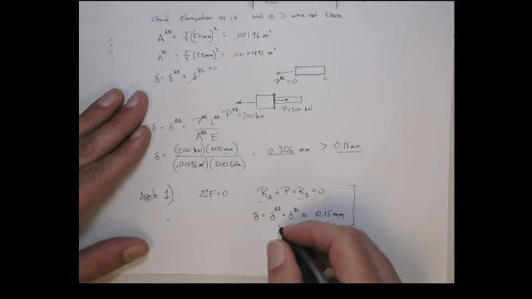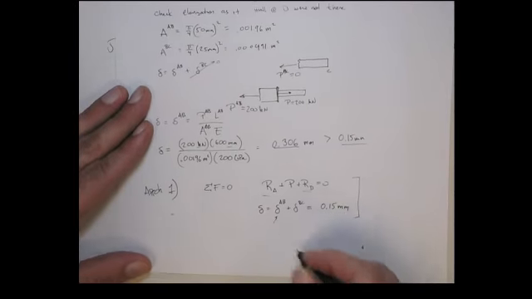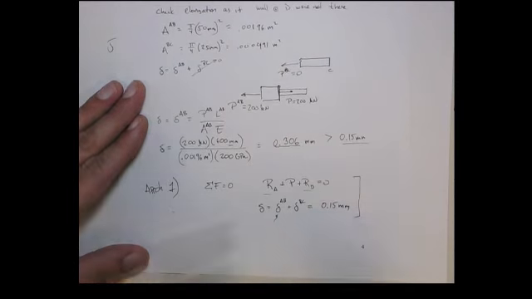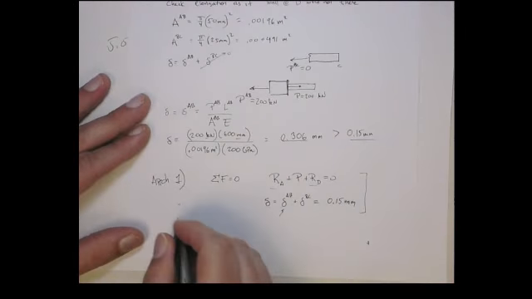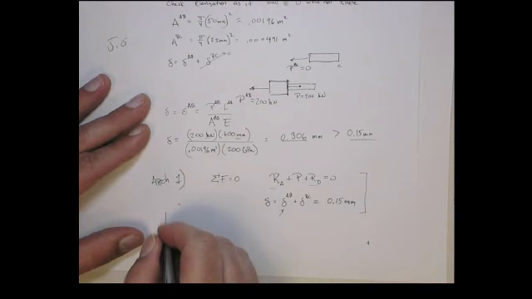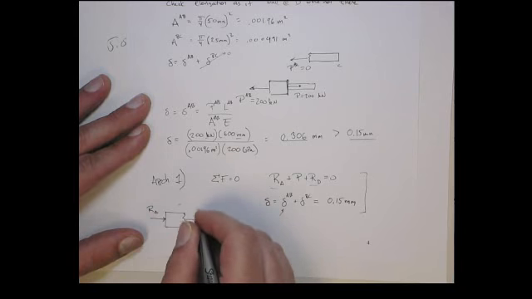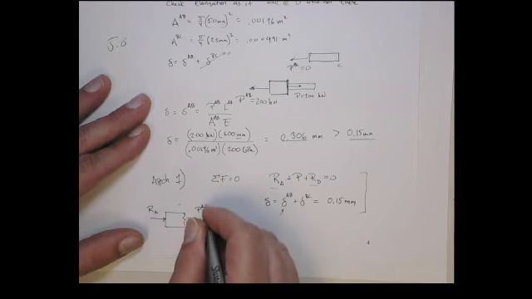We can set it up real quick. This is going to be the force in section A. Now be careful, we have to use different free body diagrams here, right? Now if we look at section AB, here's the reaction at A, and then here's that internal force in section AB.